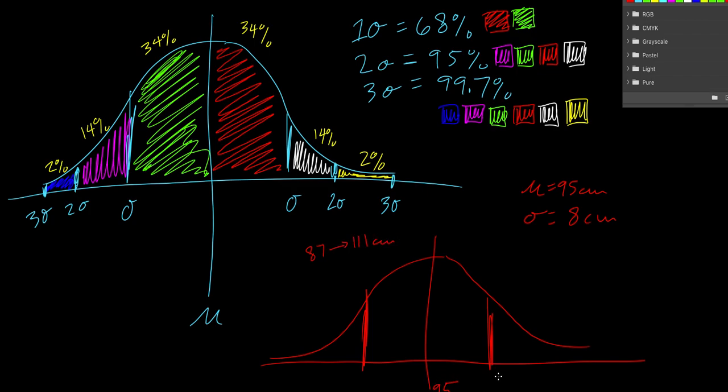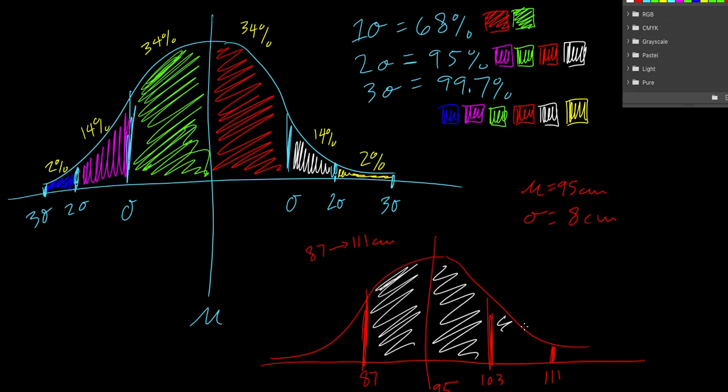If we add 8 to this, we're going to get 103. So that's not 111. And then if we add 8 to this, we end up with 111. Now if we subtract, we get the 87 that we're hoping for. Okay, so we're looking for this piece, and this piece. First we're going to find the percentage of this, and so this is 34, and then 14.